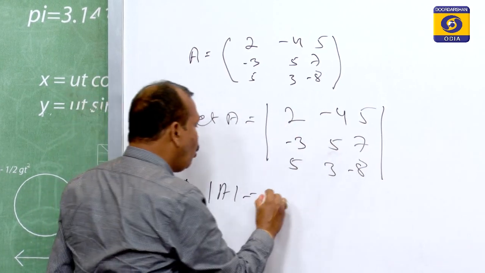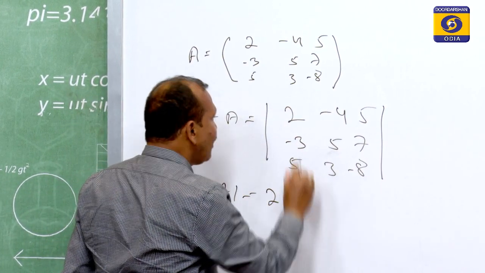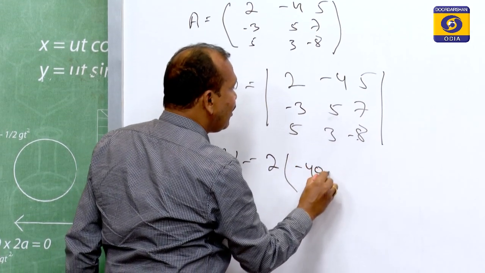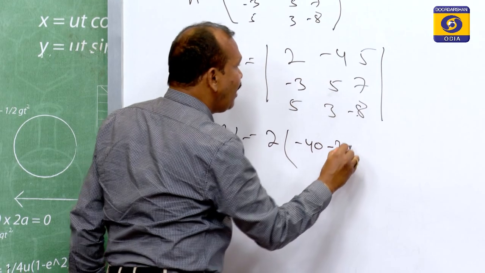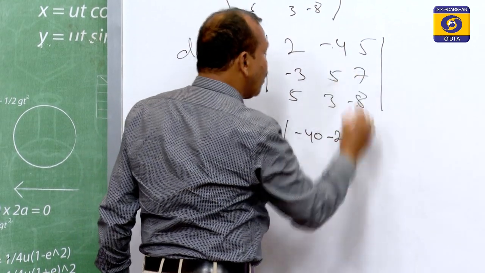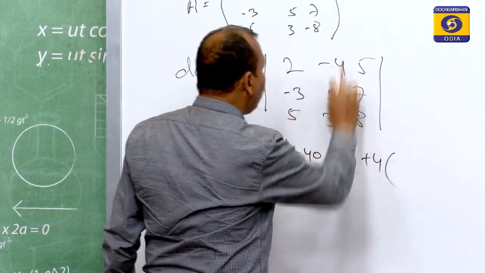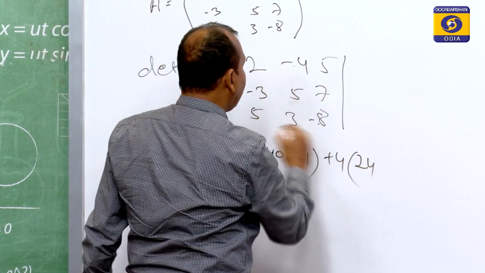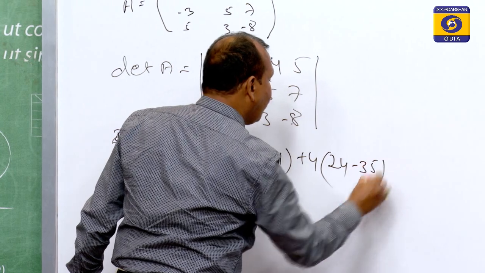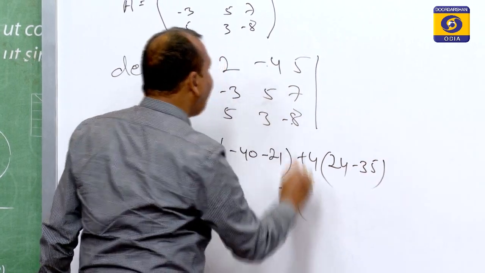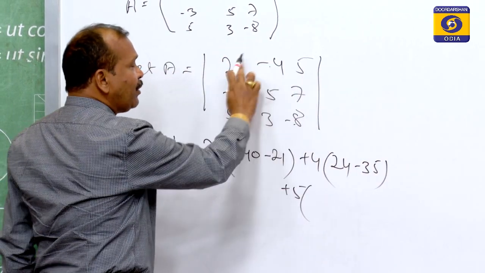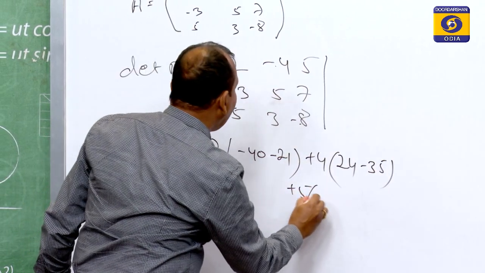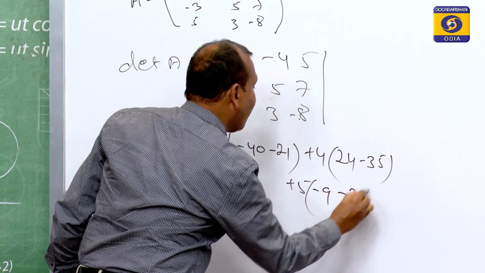So we have 2 into minus 40 minus 21, minus minus 4, that is plus 4 into 24 minus 35, plus 5 into, deleting the element's row and column, minus 9 minus 25.